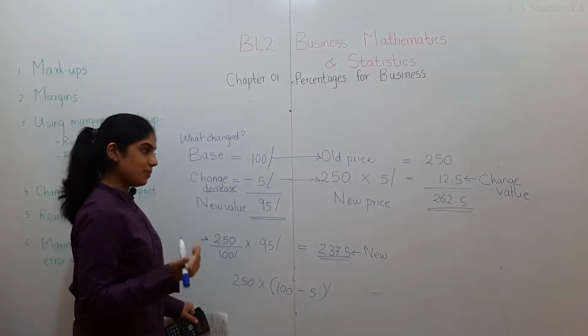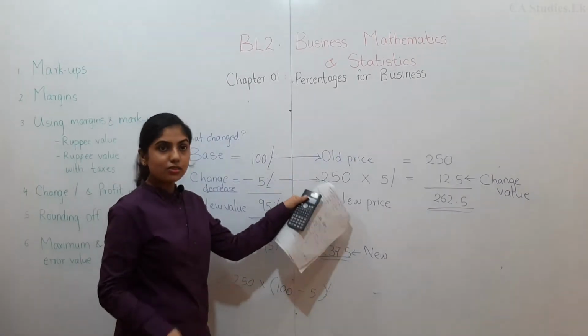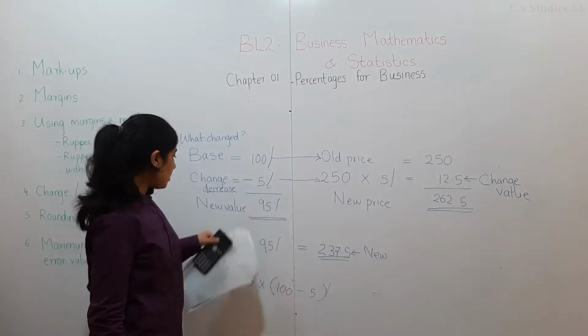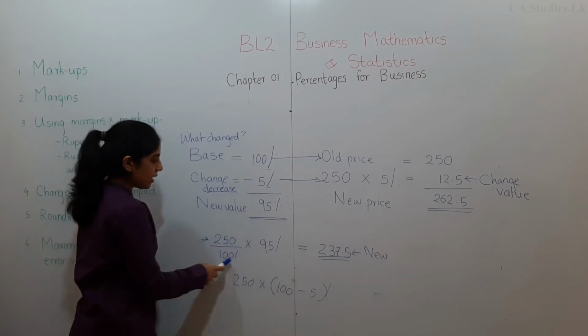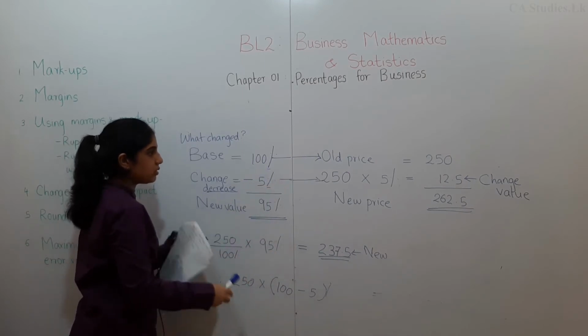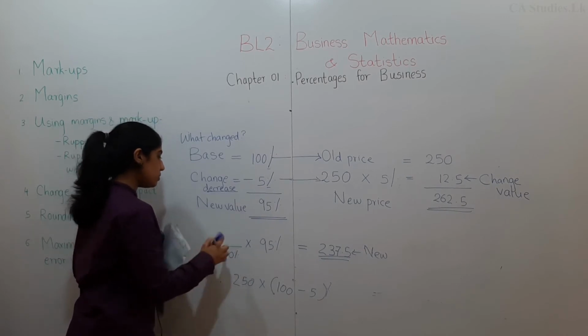But be careful, in case they give you the new price and ask you to find the old price, then don't do this. You have to follow the earlier method where they gave the new price. In this case the new price is 262.5. What is the percentage?